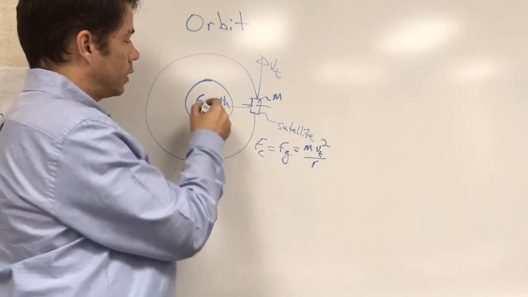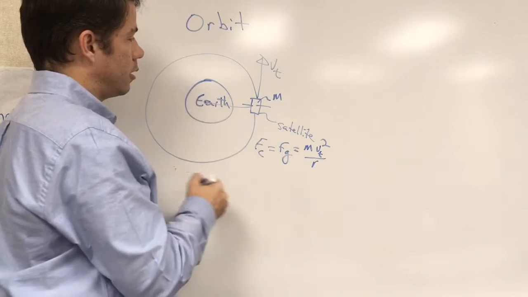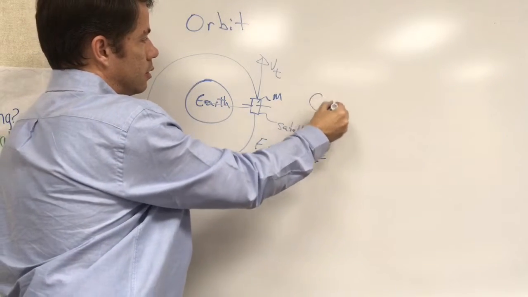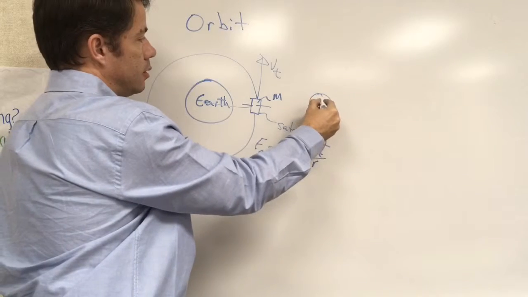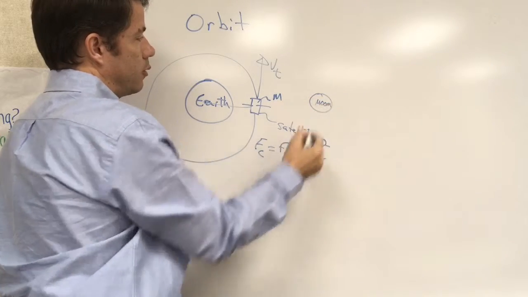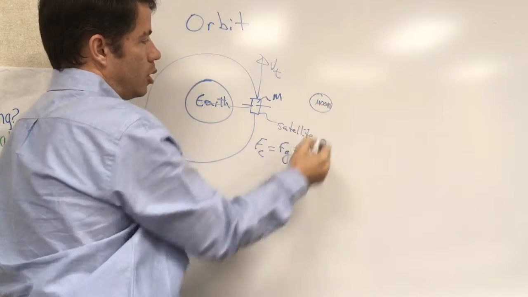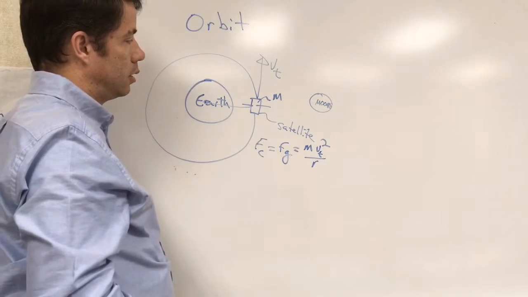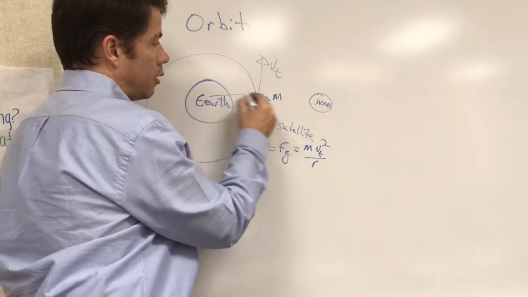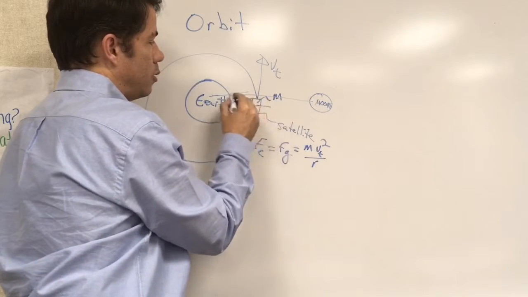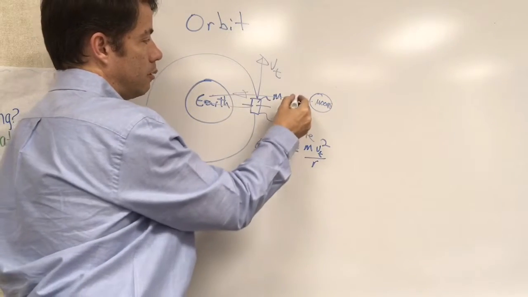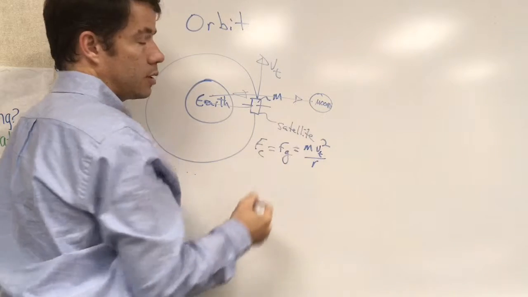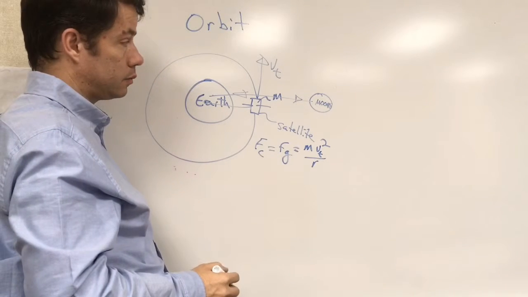Okay, one other thing. So let's say this is the Earth, but now let's add in the moon, in a compressed sense, because it's much further than this. The Earth and the moon are orbiting each other. The Earth is pulling on the moon, so the moon is being pulled by the Earth, but the moon is actually pulling on the Earth as well.